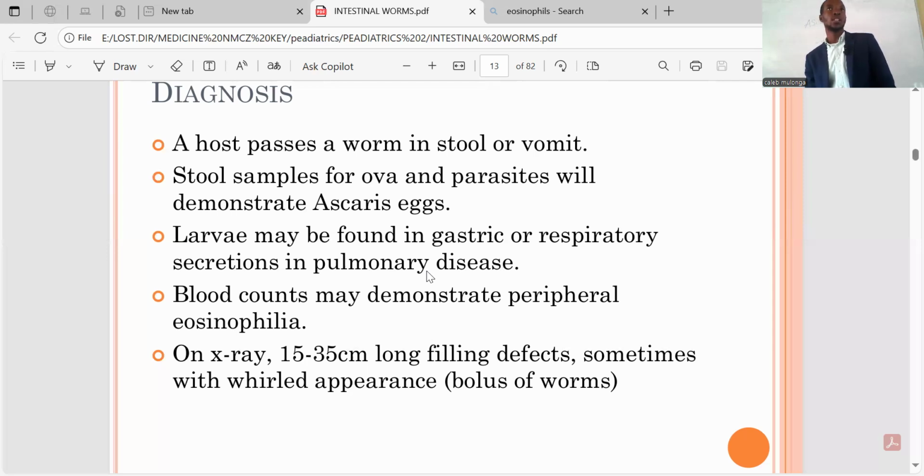On physical examination, the patient will present with abdominal discomfort. The patient may present with abdominal colic or abdominal pain as those signs and symptoms.